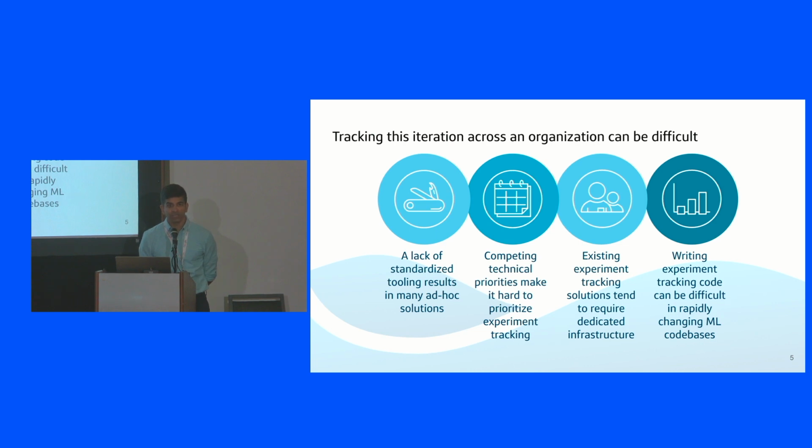But then as you start going down this track to say that, hey, I want to log the information that I'm building my models with, you realize that there's a lack of standardized tooling and many ad hoc solutions that can come up fairly quickly. You have competing technical priorities, making it hard to prioritize experiment tracking. This is a big one.